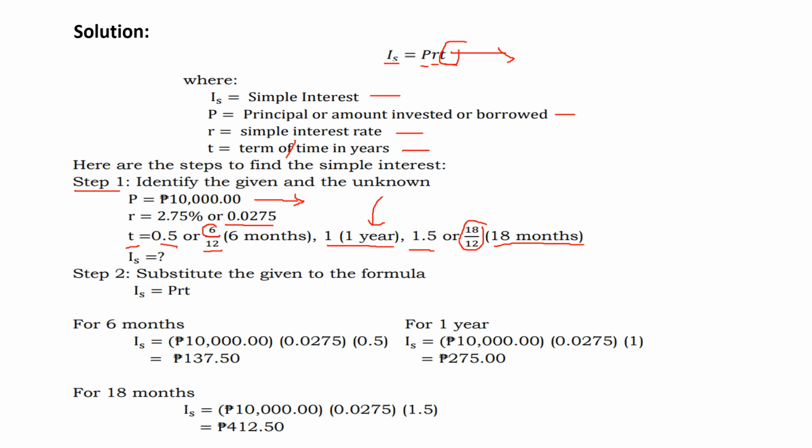Now, what will be the value of your simple interest? For step number 2, substitute the given values to the formula. We simply use I = PRT.